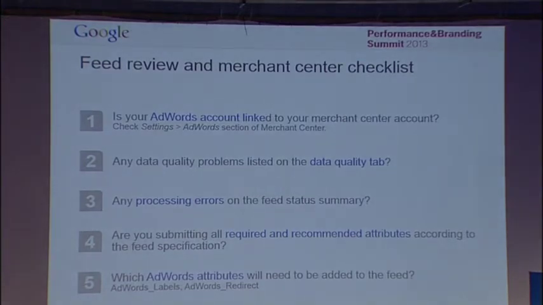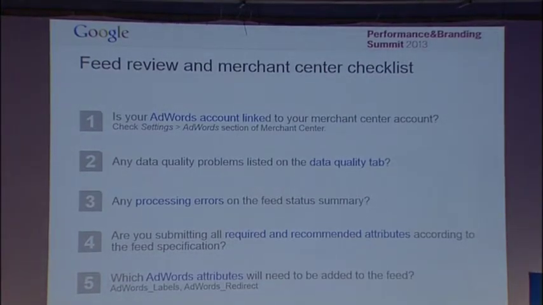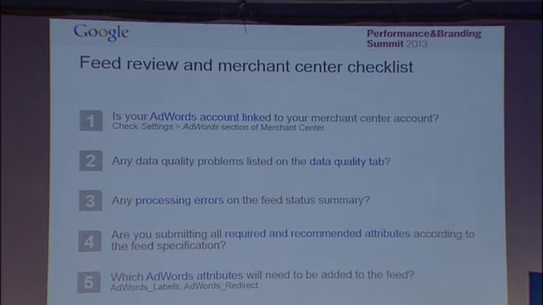So in AdWords, when you go through the campaign creation flow, it's going to be a mandatory step. So there shouldn't be any issue, but make sure you've also linked it in Merchant Center. Your data feed sits in Merchant Center and your campaign settings sit in AdWords, so we need to link both together.